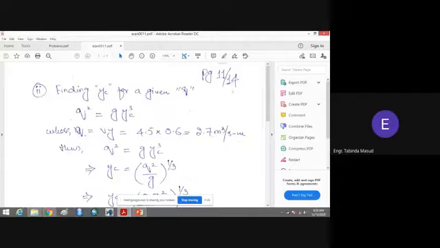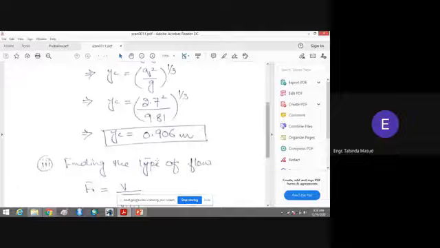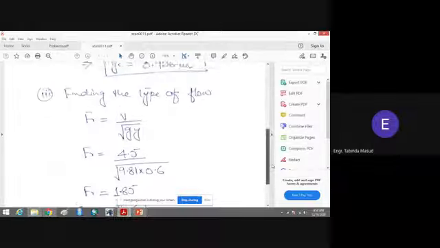So we have got this value, 2.7 cubic meter per second per meter. And now we will put the value of q in this equation: square of q is equal to g into cube of yc. And from here, we will get the value of yc, that is equal to 0.906 meter.